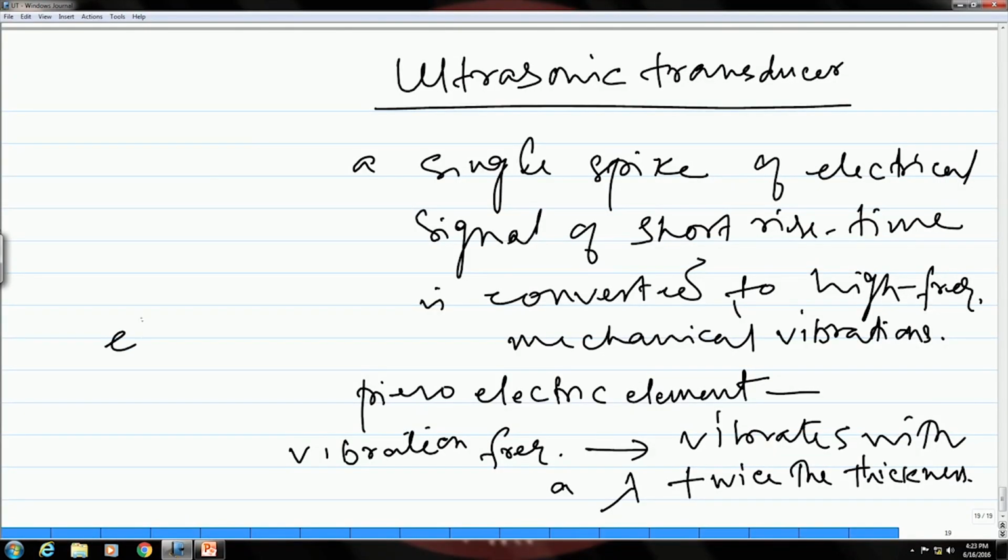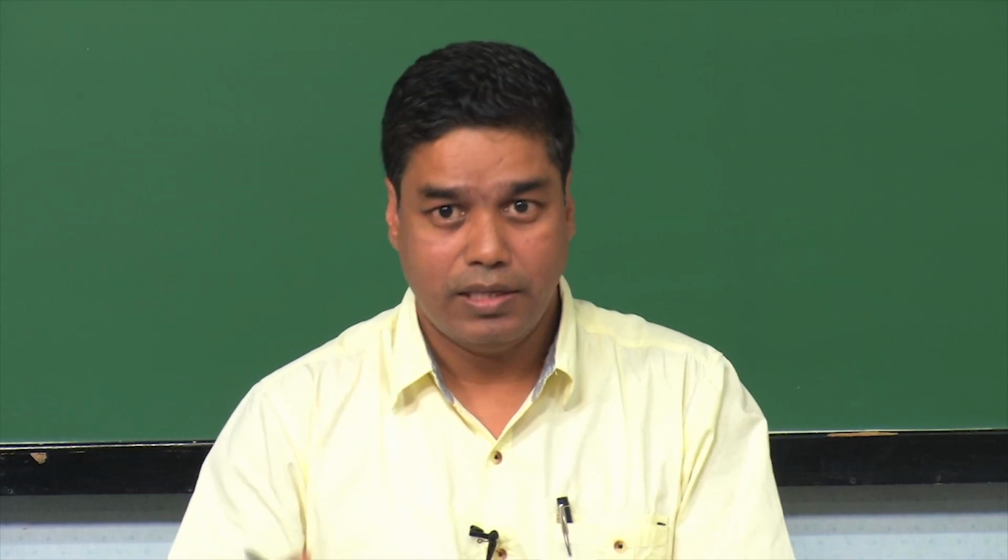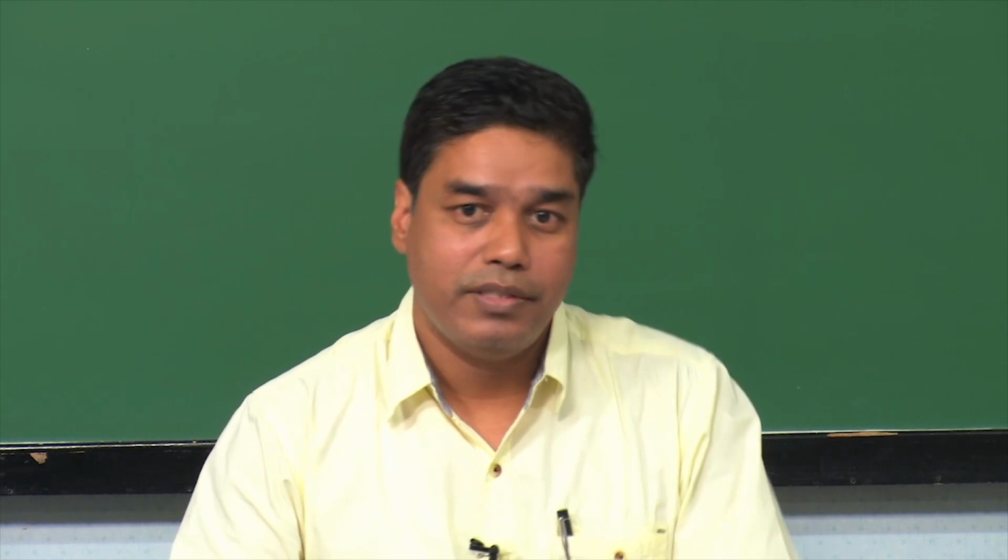So, that means the elements have to be cut out into thin wafers, because we are talking about frequencies in the range of 20 kilohertz to 5 megahertz or 10 megahertz. So, these are very high frequency vibrations, and that is why the element has to be very thin.